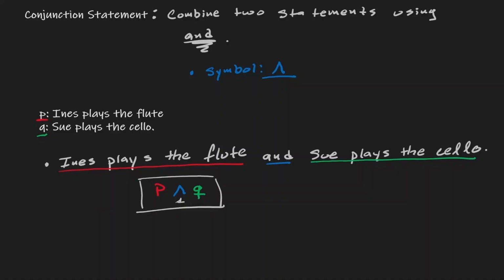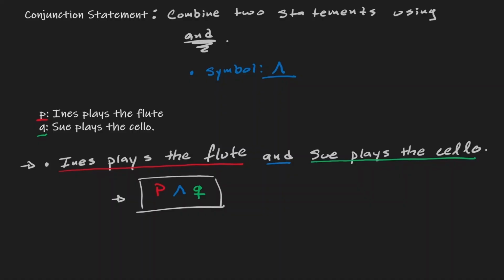Because once we get a hang of representing these statements, it is faster to write this down compared to writing the full statement down. So this is why it's important to understand when we use the symbol and what each of those statements represents.